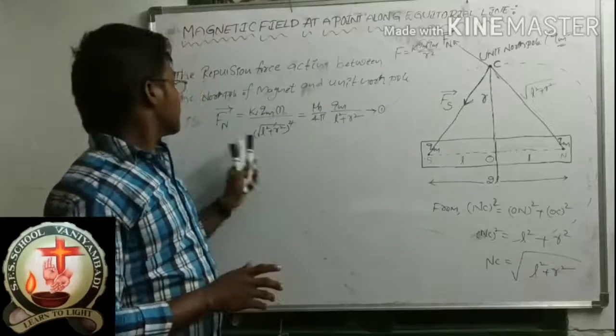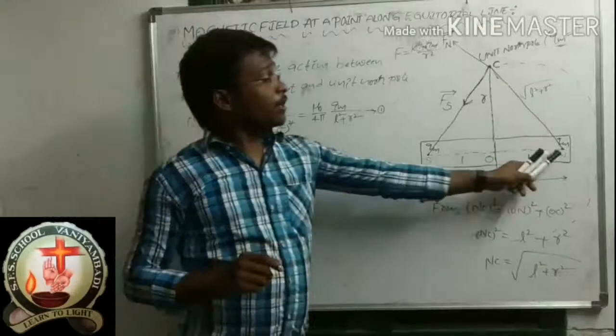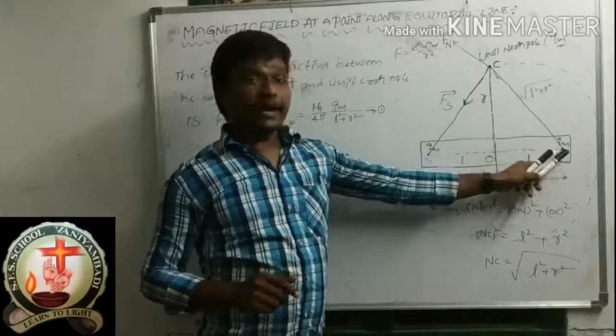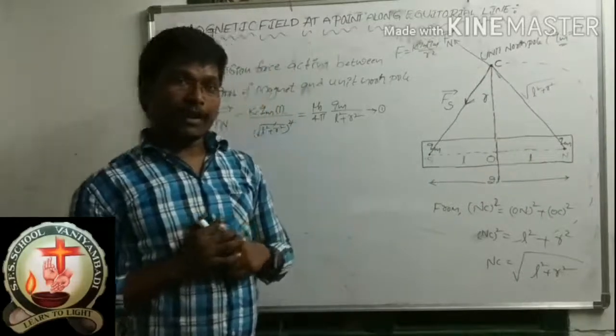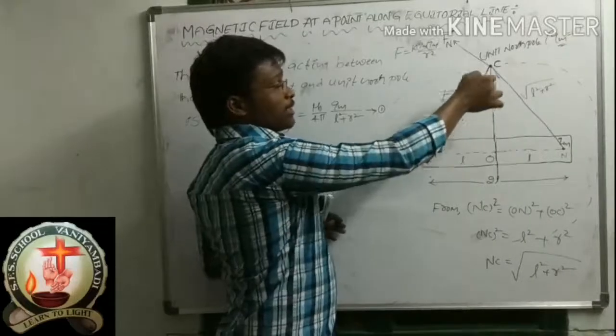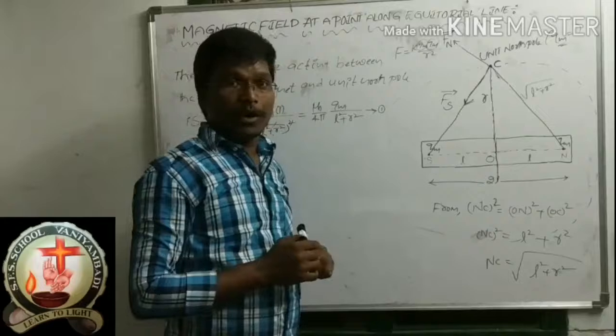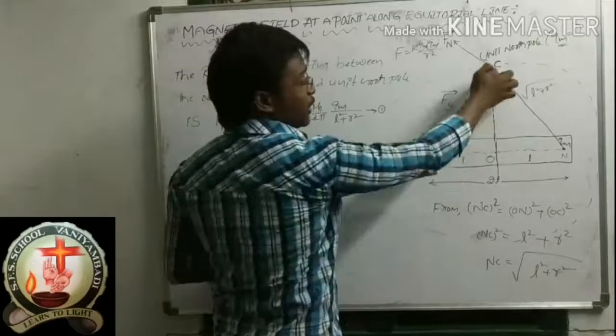Okay. This is the repulsion force acting between the north pole of the magnet and the unit north pole. Okay, next we have to find with respect to the south pole how much force is acting. Okay, now this is the south pole and this is the unit north pole.